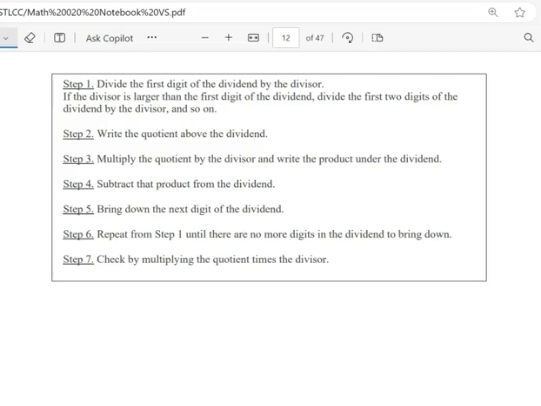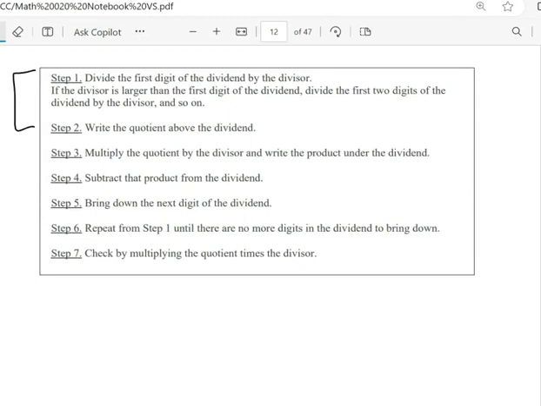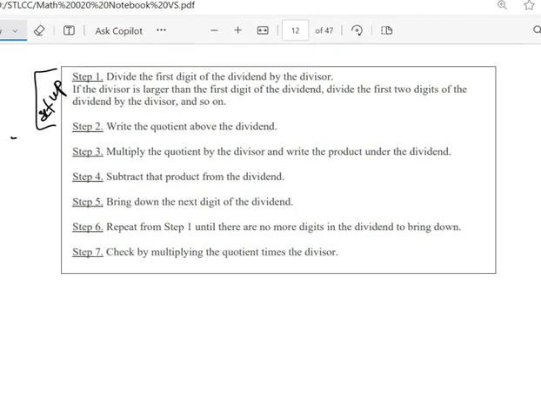So in the first 2 steps, you are going to set up your problem. And then steps 3, 4, and 5 will get repeated as many times as needed until you reach the 0 to get the answer.